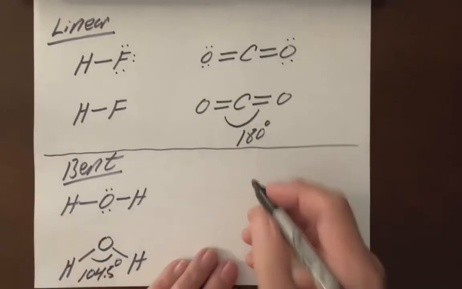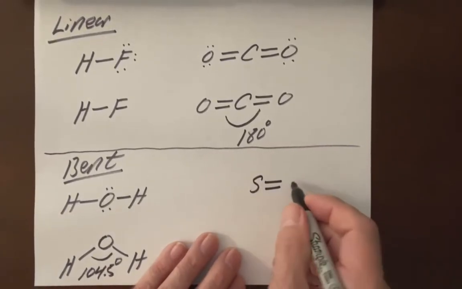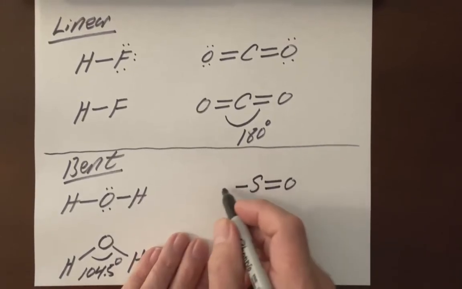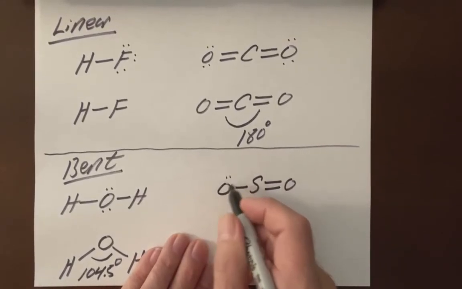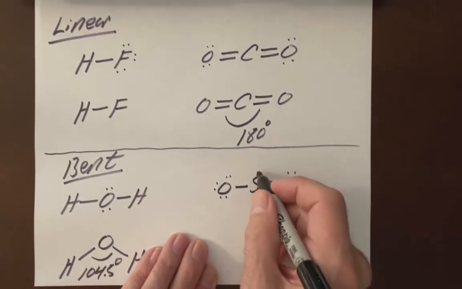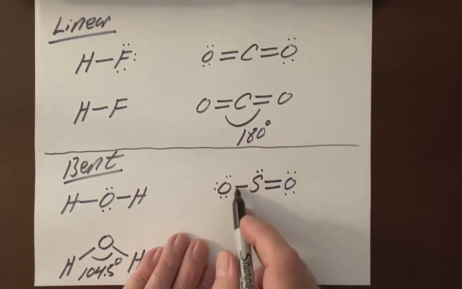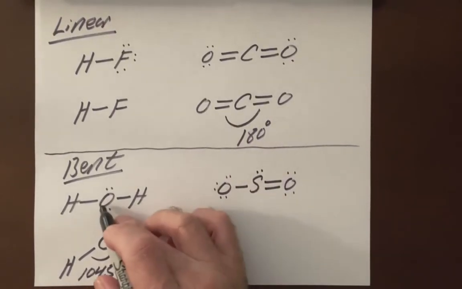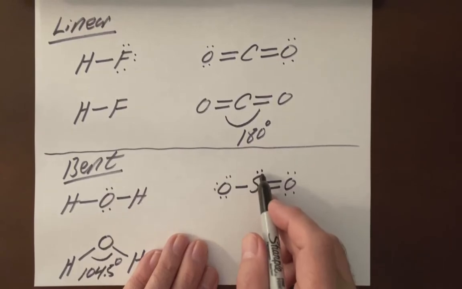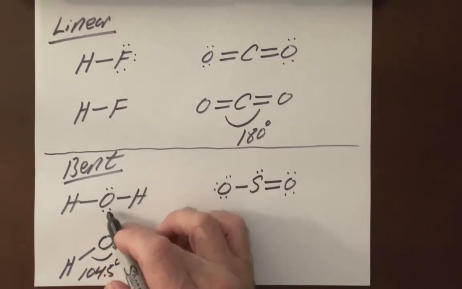Let's look at another bent shape, sulfur dioxide. For sulfur dioxide, you have 1 double bonded oxygen and 1 single bonded oxygen, which means you just have 1 lone pair on the central atom. Now that lone pair will repel the shared pairs, just like in water, but there's only 1 of them. So it's not going to repel them away from each other as much as the 2 lone pairs here.